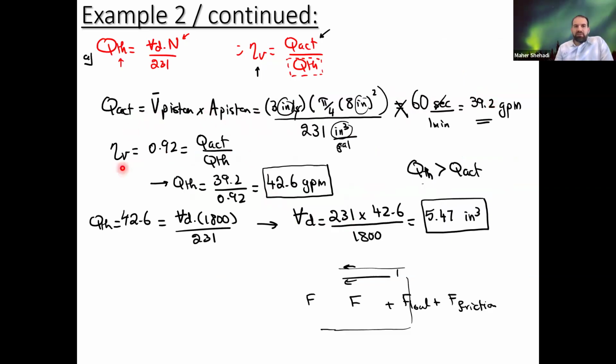And then using the volumetric efficiency for the pump, because that would be the same actual flow delivered out by the pump, we found the theoretical flow. And then from the definition for the theoretical flow, which is the displacement times the rotational speed divided by 231, which is just a unit conversion coefficient, we found the displaced volume.